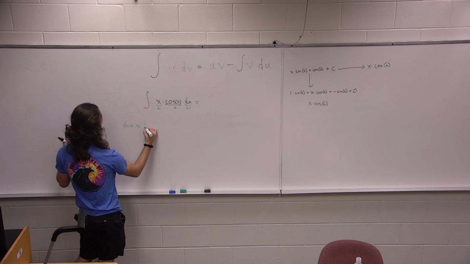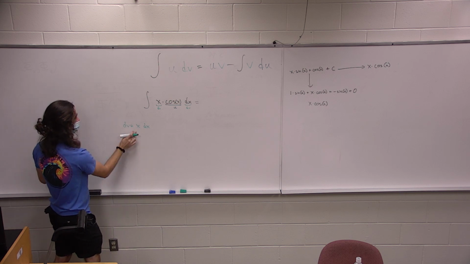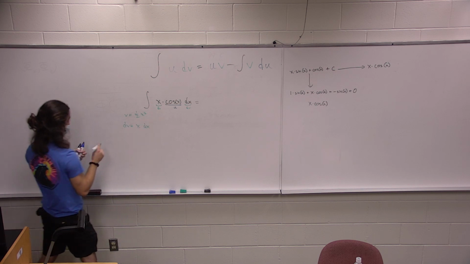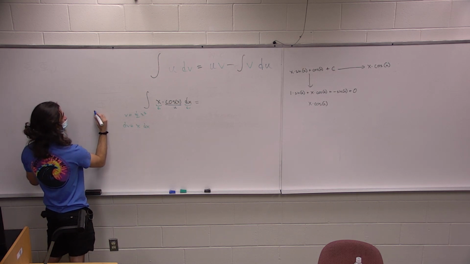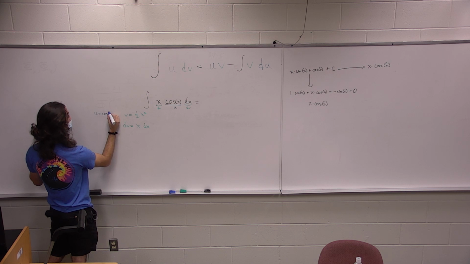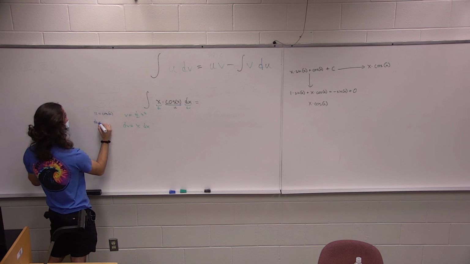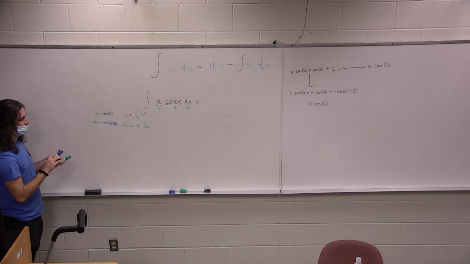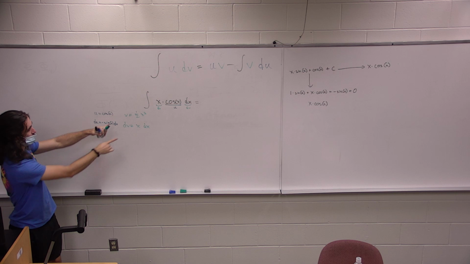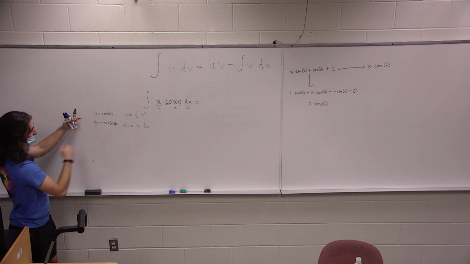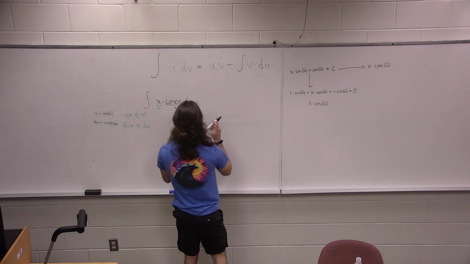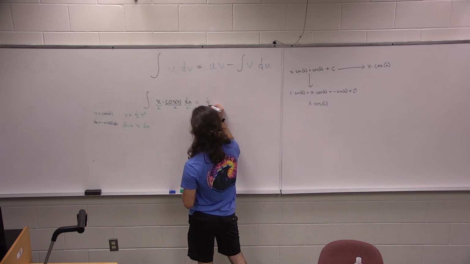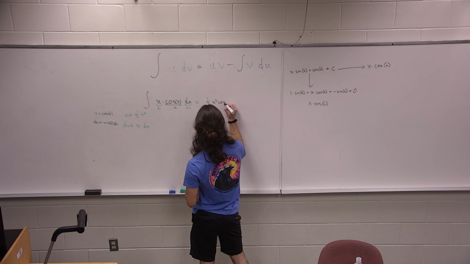Well, dv is x dx, then v is 1/2 x squared. And if u is cosine of x, then du is negative sine x dx. If we follow that same formula with this naming of u and v, then this is equal to u times v, so 1/2 x squared times the cosine of x.